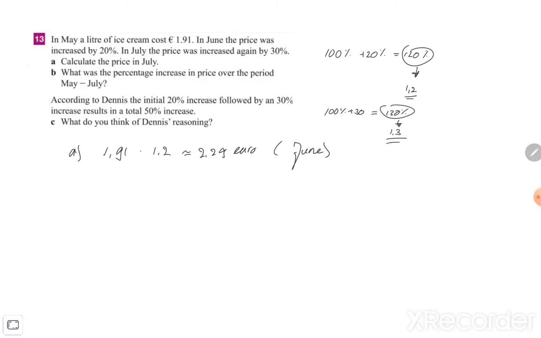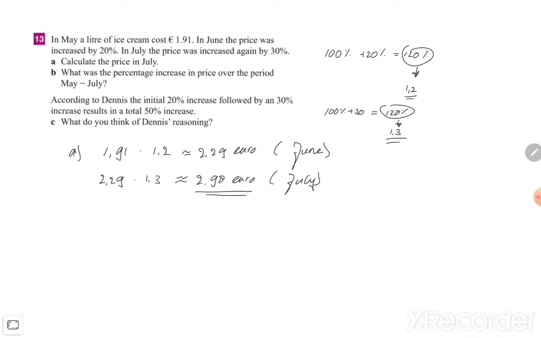Alright, so the new price in June was €2.29. If I multiply that by 1.3, then you get your answer, approximately €2.98. So that's the price in July, and that was the question of exercise A.